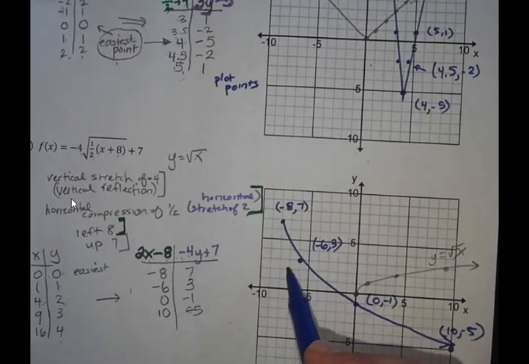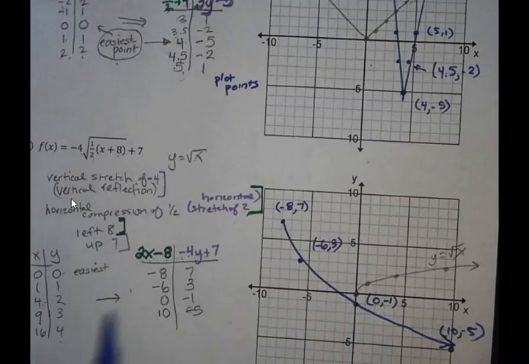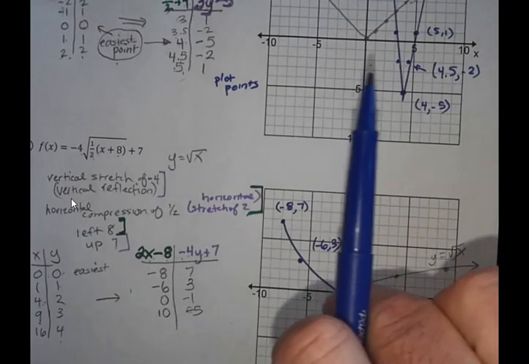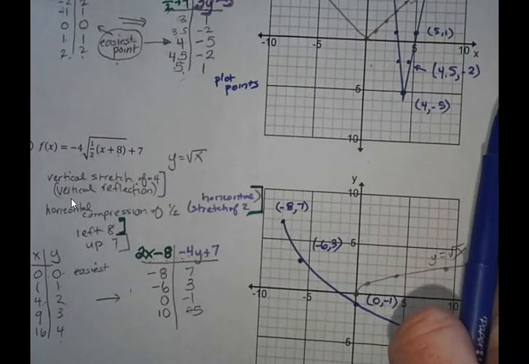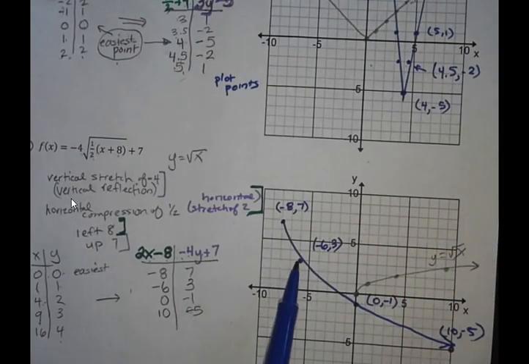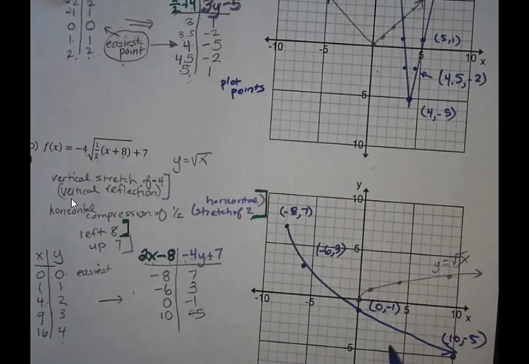It was stretched by 4, so this went up 4 for every one of those. And it's actually twice as big this way. So instead of 1 this way, I went 2. Here I went 3, this would be 6. 5 is 10. And there's a reflection.